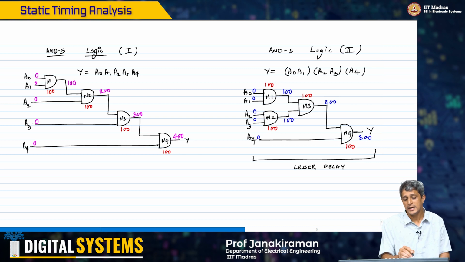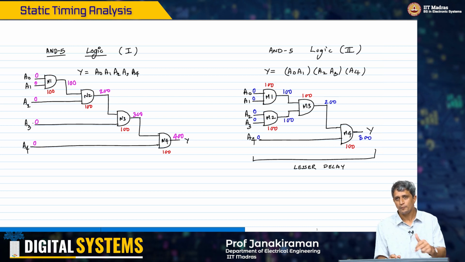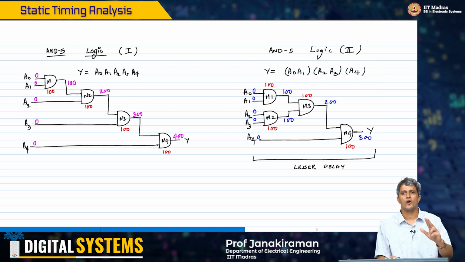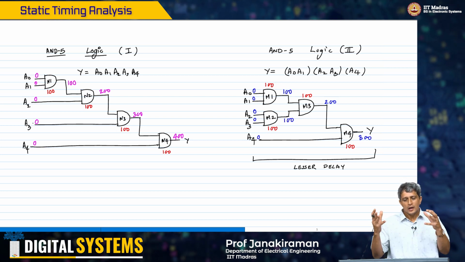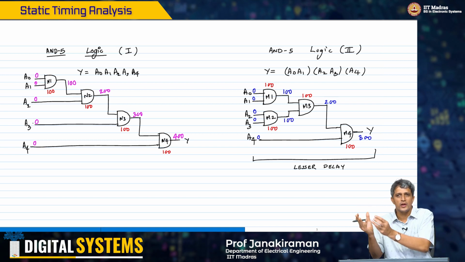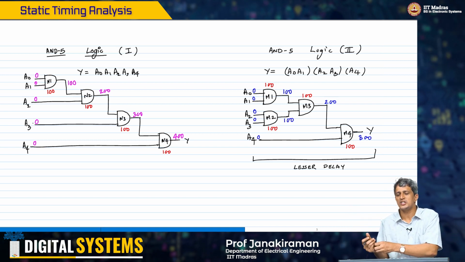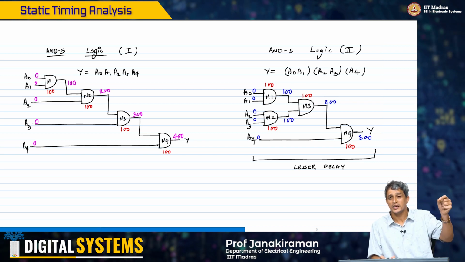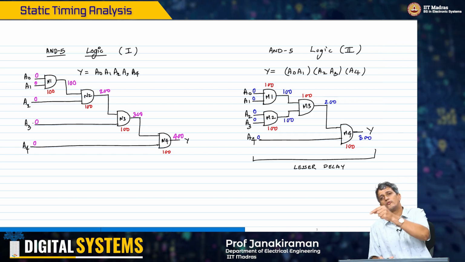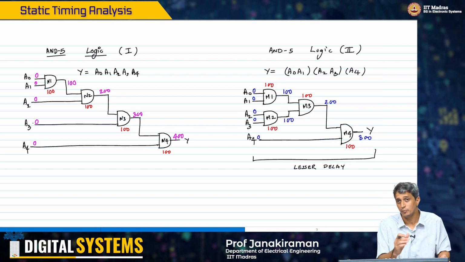That's why this idea works. Imagine now if I had continued to do this for a 10 input gate or a 12 input gate and so on. You can already see that if I group these gates together in bunches of 2, it is much better than cascading the output of one to the input of the other, as shown in the implementation on the left.